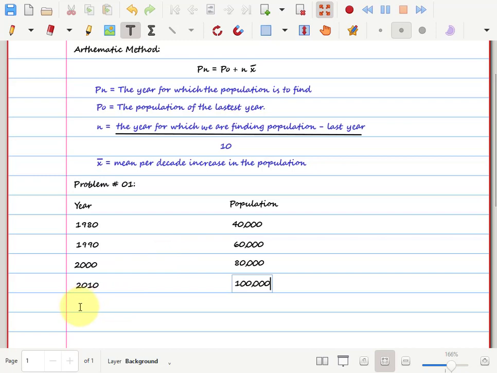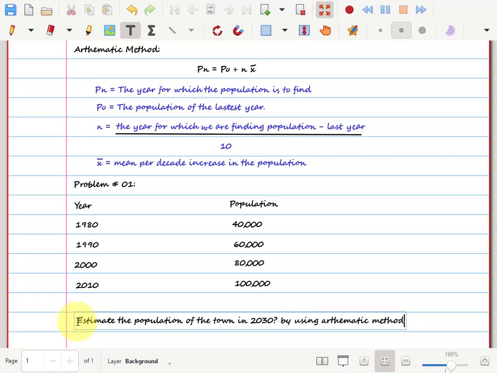Okay, now we are asked to estimate the population of the town in 2030 by using the arithmetic method.